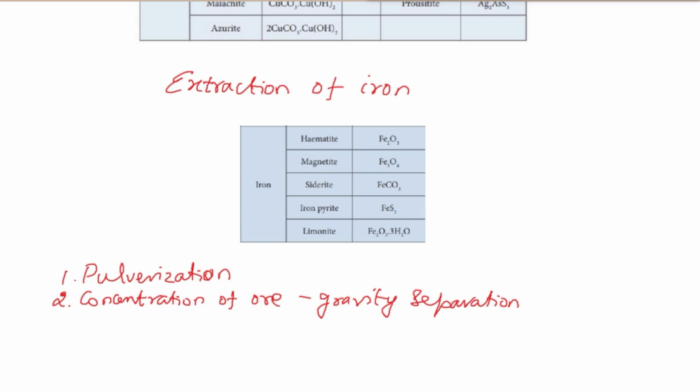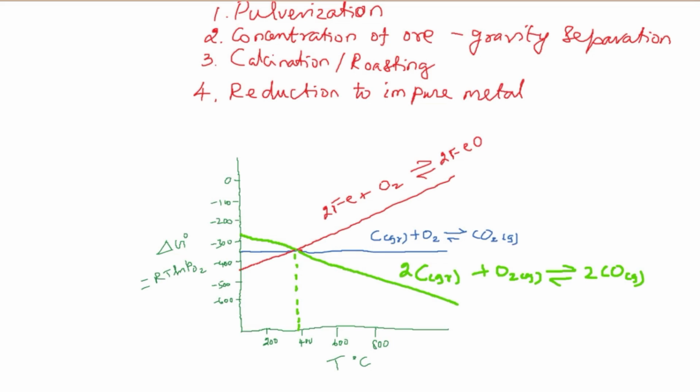as their volatile oxides. The Ellingham diagram for the formation of iron oxide, carbon monoxide and carbon dioxide is shown here. From this diagram it is clear that when iron oxide is heated with carbon above 400 degrees Celsius, it could be reduced to iron.